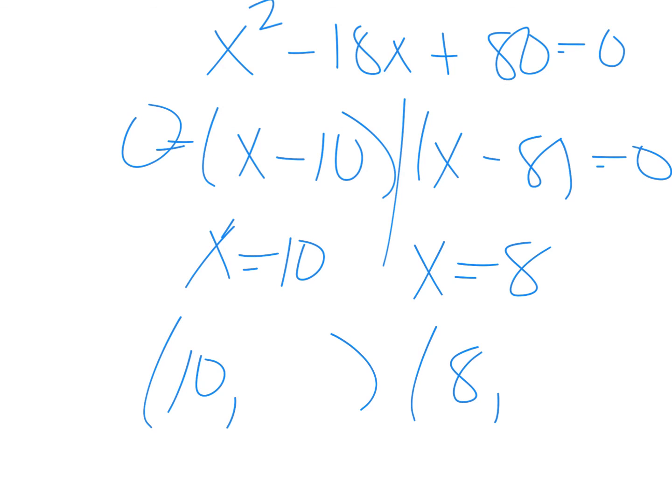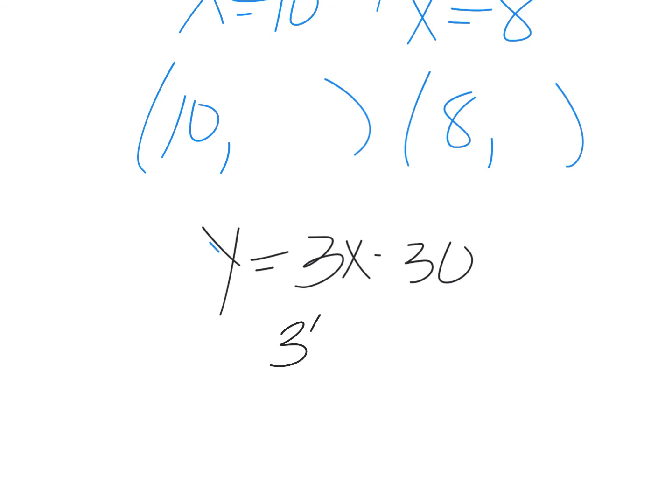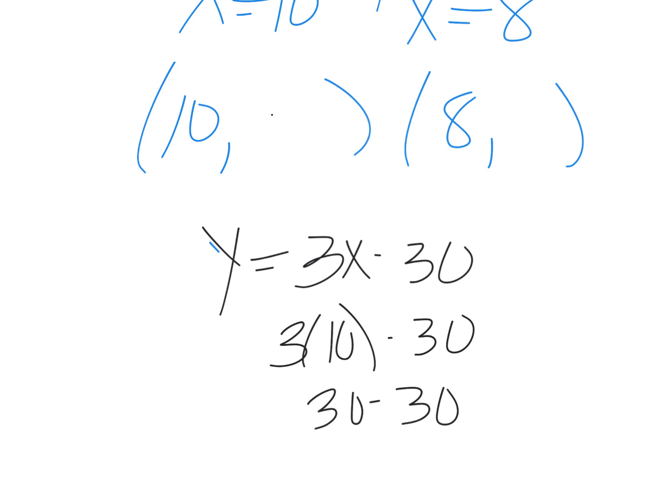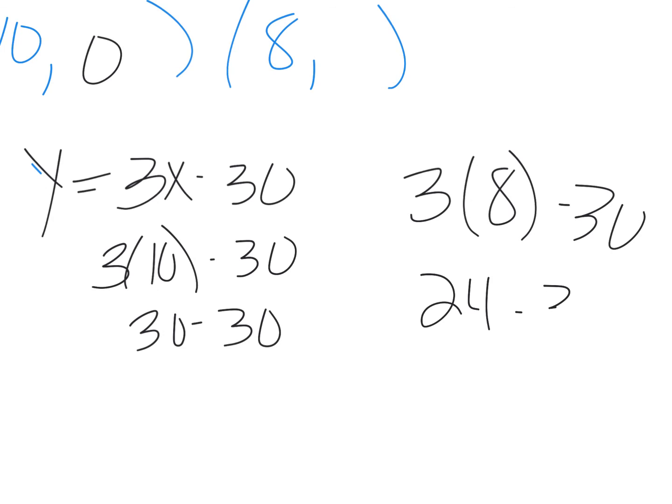You need to find the y values to get this completely correct. I'm going to use the equation y equals 3x minus 30 from the beginning to get these values. So 3 times 10 minus 30, that's 30 minus 30, that's 0. And then I'll do it again with 3 times 8 minus 30, and that's 3 times 8 is 24 minus 30, so that gets me a negative 6, and that's that.